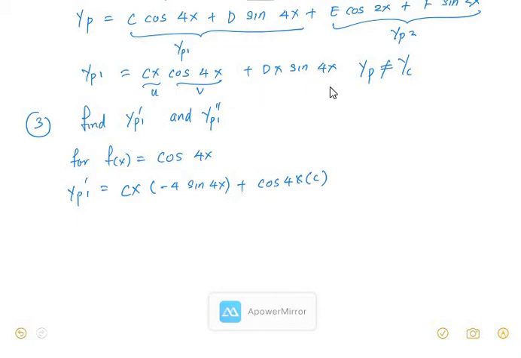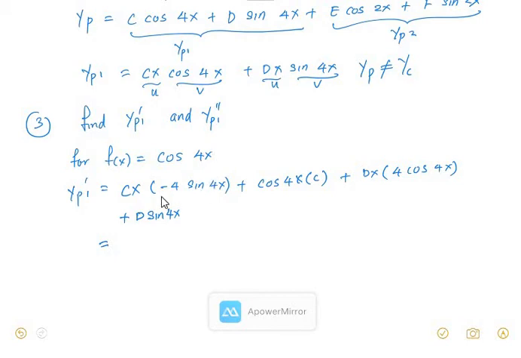And then for the second part, this one also U and V. U is Dx, V prime, you get 4 cos 4x, plus V is D, it's sin 4x. U prime, you get D. So when I simplify, I collect the sin 4x and cos 4x.